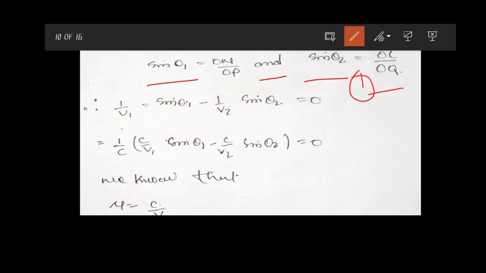Then we get 1 by v1 sin theta 1 minus 1 by v2 sin theta 2 is equal to 0. Substituting the values, we get 1 by c times c by v1 sin theta 1 minus c by v2 sin theta 2 is equal to 0. Now we know that mu is equal to c by v, that is the refractive index.